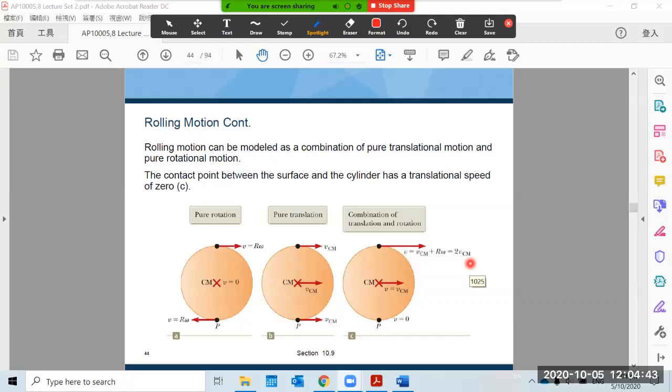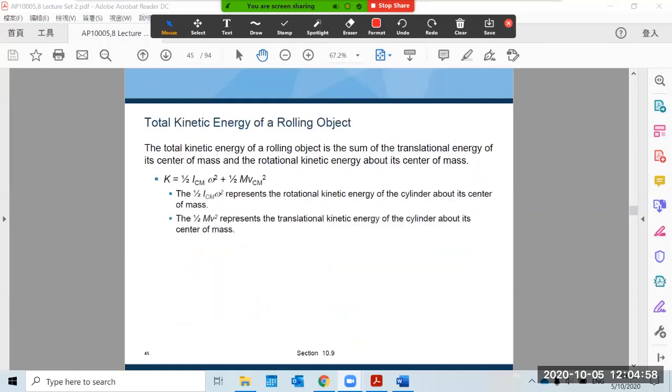On the other hand, if we are trying to consider the energy of particles or energy of the rolling object, we could consider it to be the contribution from various types of motions. The idea is like this. You have an object that is rolling.